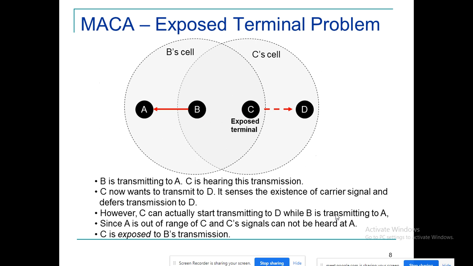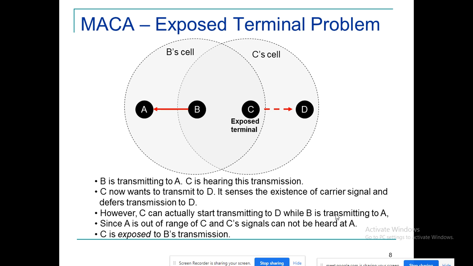Exposed terminal problem. B is transmitting to A, right? C heard about the transmission. Now C wants to transmit to D. It observes the presence of the carrier signal and defers transmission to D. Because what can C actually do?